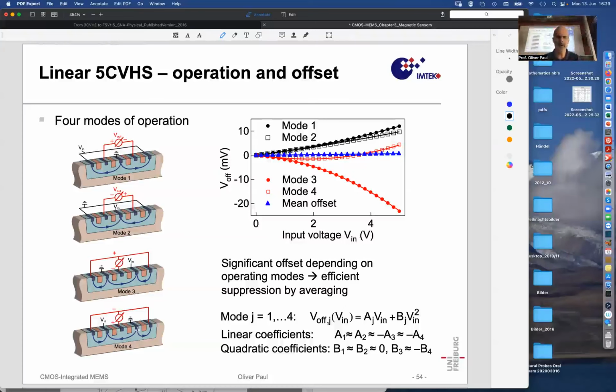And then I remember in one of our seminars in my group, he presented his results and he said, yeah, I find the following result. I have this in modes 1 and 2, I have this offset, as I just said, in the order of 10 millivolts. For 2 of the modes, they are kind of linear, and for 2 other modes, they're totally nonlinear.